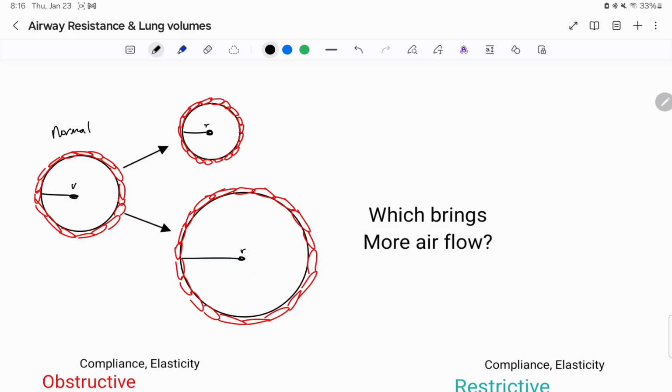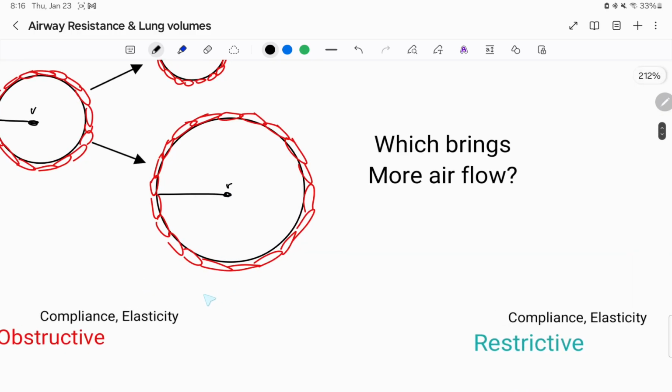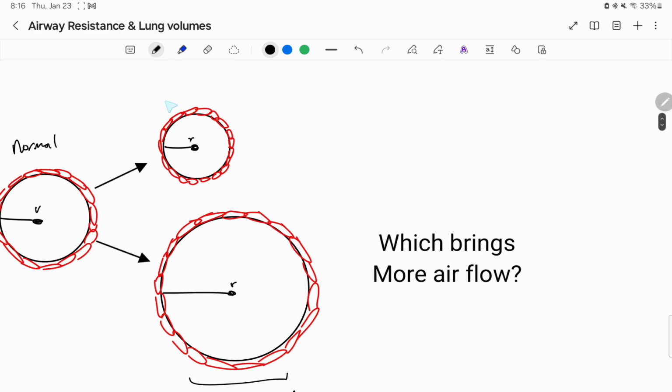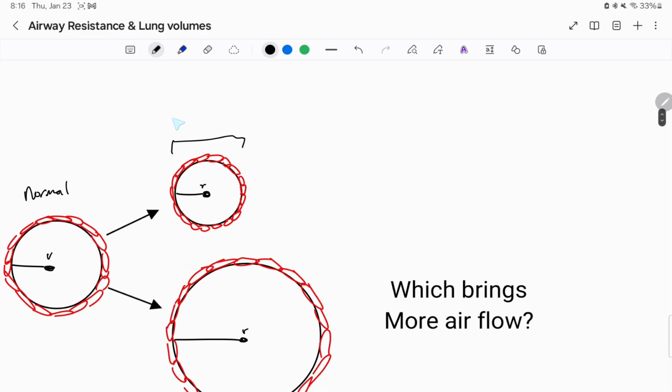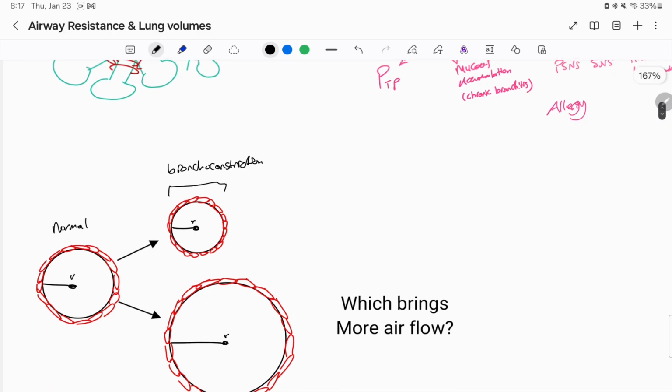Okay. Now, if it dilates, we actually give that a special name. We call that bronchodilation, right? Because we're at the level of the bronchioles, and we say that's bronchodilation. If it contracts these smooth muscle cells, we actually call it bronchoconstriction. So again, I've been teasing you guys a lot.